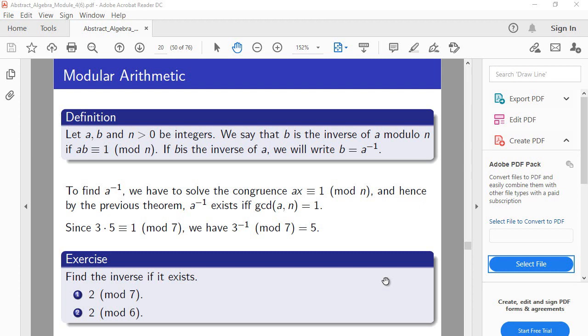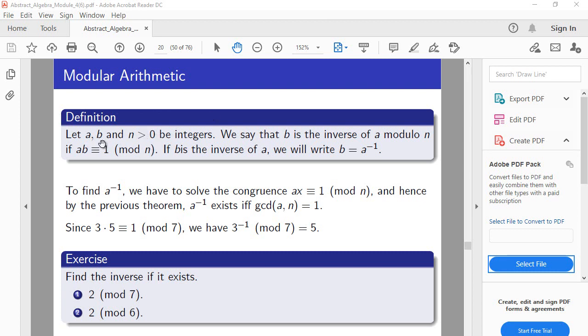In this video, we look at multiplicative inverses of integers modulo a positive integer n. Let's let a and b be integers and let n be a positive integer.